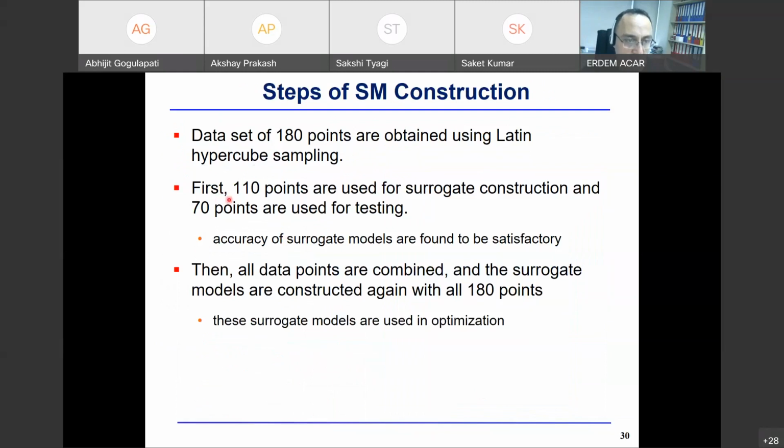First we used 110 points for surrogate construction and 70 points for testing. The accuracy of the surrogate models was found to be satisfactory. Then we combined these training points with the test points, constructed a new surrogate model, and used that in our optimization.